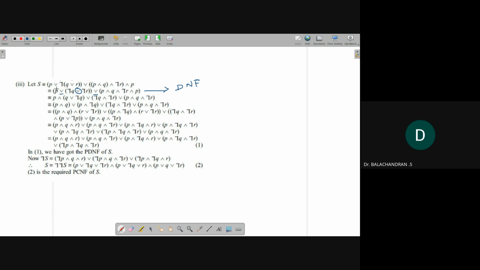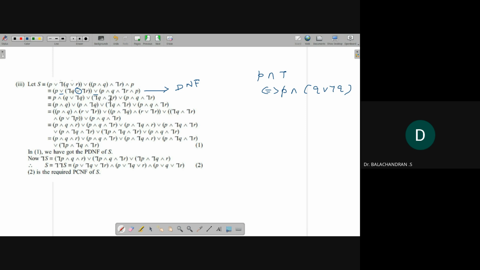Now here in P, I think we need to introduce Q terms and R term. They will introduce one by one. So P and T. P and T is equivalent to P and Q or negation Q. So that's why they wrote here P and Q or negation R. Or here they have written correctly, negation Q and negation R. And then they keep the rest as it is.